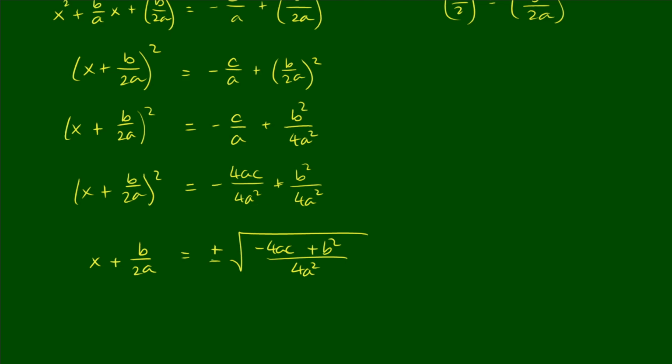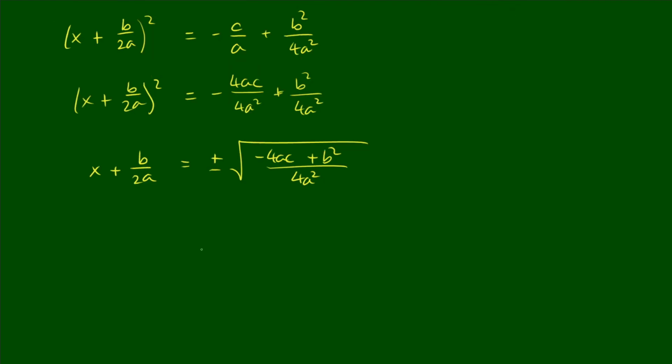And then you can rearrange the whole thing. You have x on the left side, and then you have plus minus square root of b squared minus 4ac over 4a squared minus b over 2a.